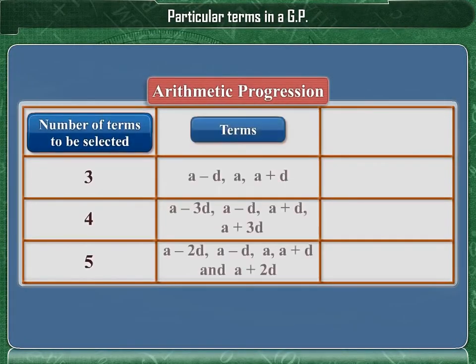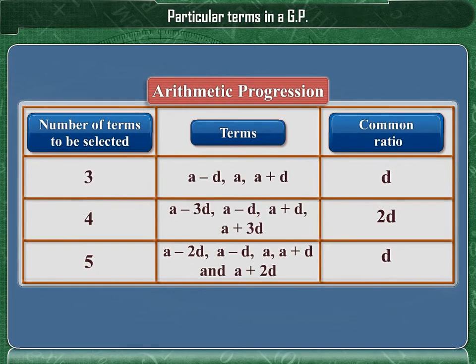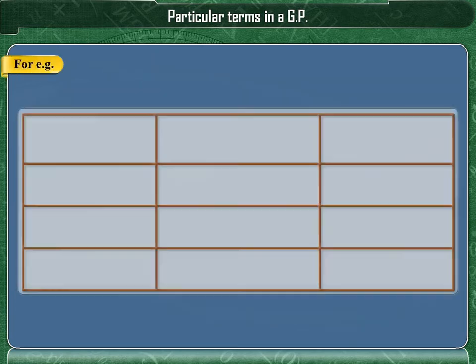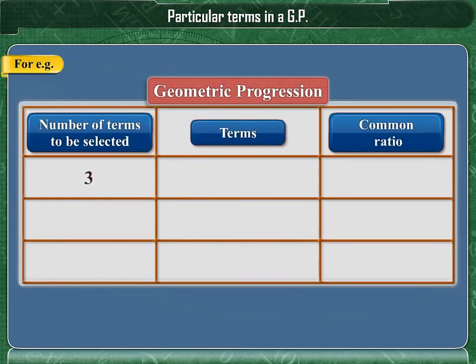Particular terms in a GP. As in AP, here too we will learn how to select the terms of a GP. While solving the problems of GP, it is convenient to select the terms in such a manner that on taking the product of the terms, one unknown is eliminated automatically. For example, if we want to select 3 consecutive terms of a GP, it can be assumed as a upon r, a, ar.